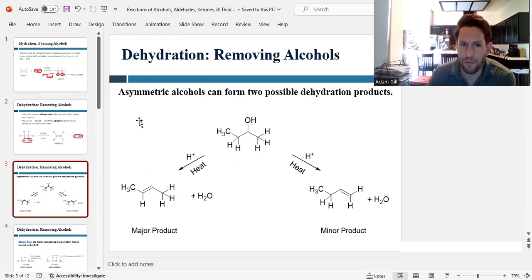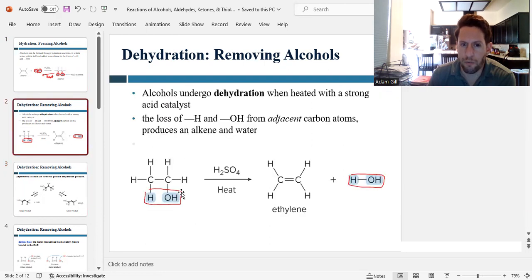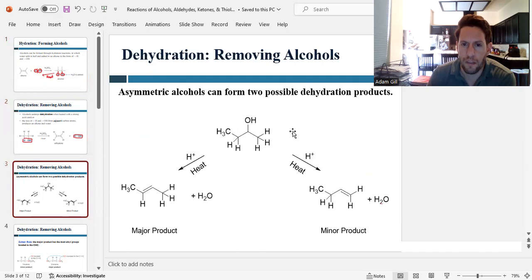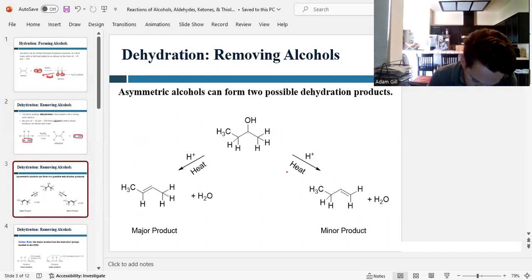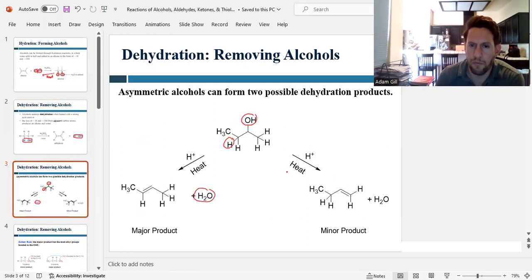Now, in order to do the dehydration, we have to remove an H and an OH. And so let's say on the left here, we remove this hydrogen and the OH to make H2O. Well, if you remove this hydrogen and this OH, you're going to end up with a double bond between those two carbons right there.